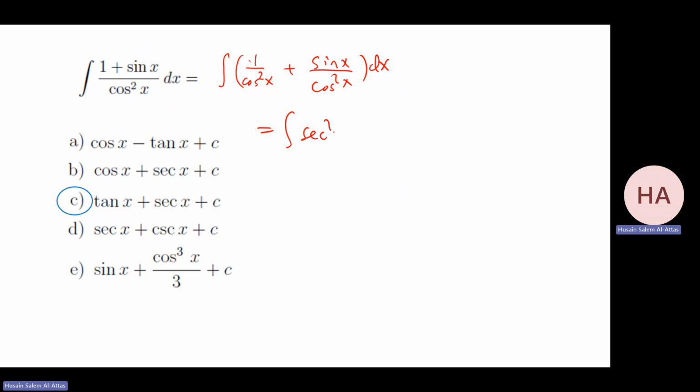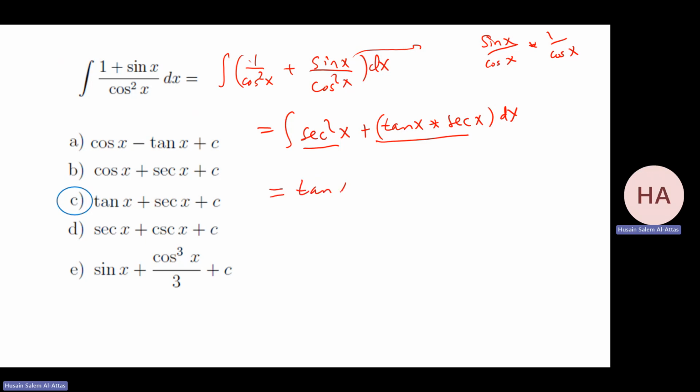This one, sine over cosine, that's tan, times secant. We make this sine over cosine times 1 over cosine. Now I know the antiderivative of this and of this. That will be tan plus secant plus c. Antiderivative of this is tan, antiderivative of this is secant.